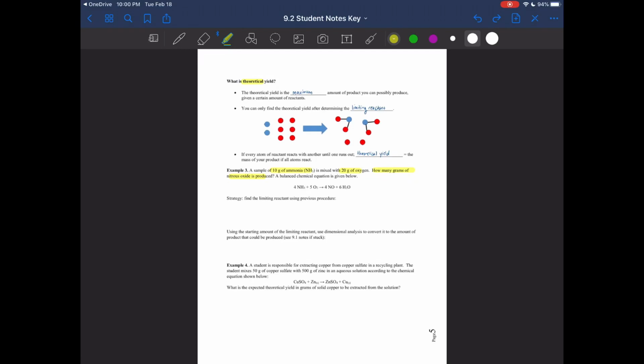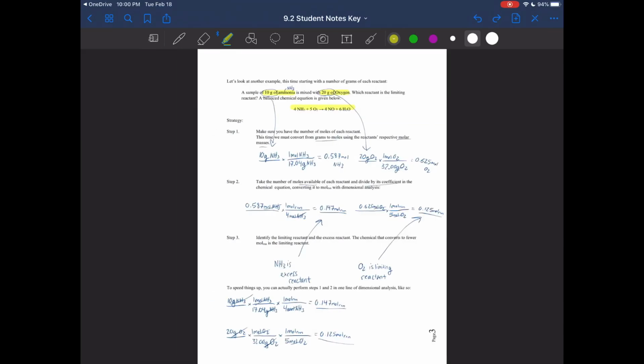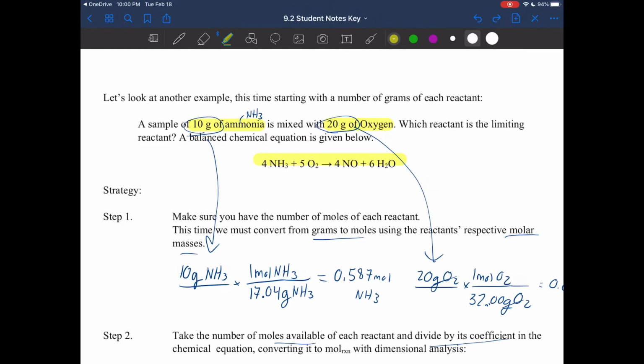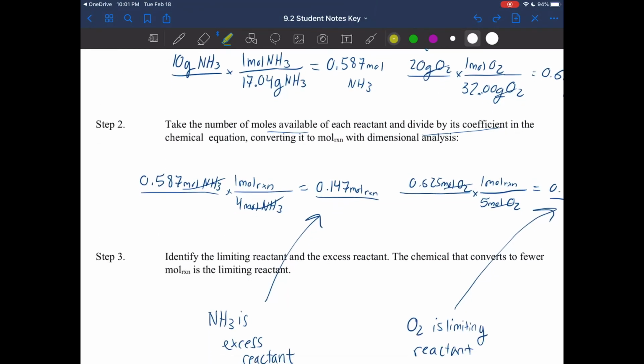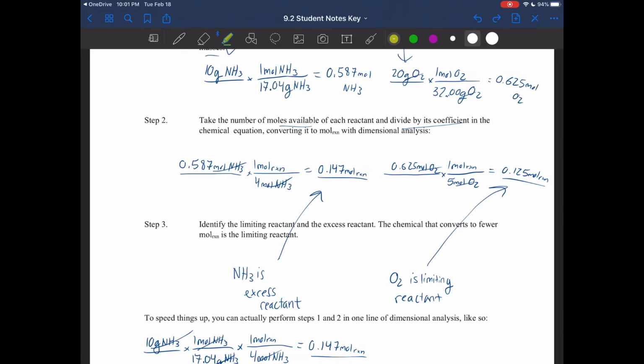So I'm going to look back here. We have 10 grams of ammonia and 20 grams of oxygen right here. And the same exact chemical equation, we said that, what did we say? We said ammonia was in excess, and we said oxygen, O2, is limiting us here.